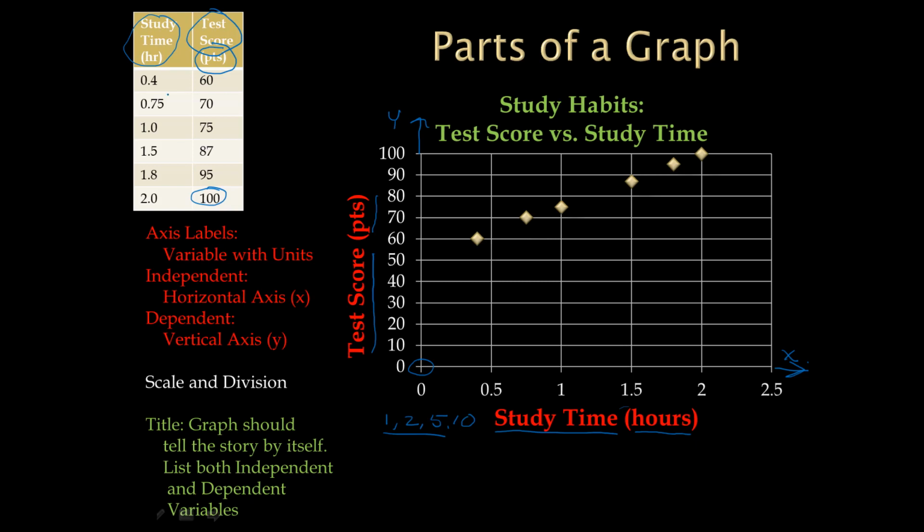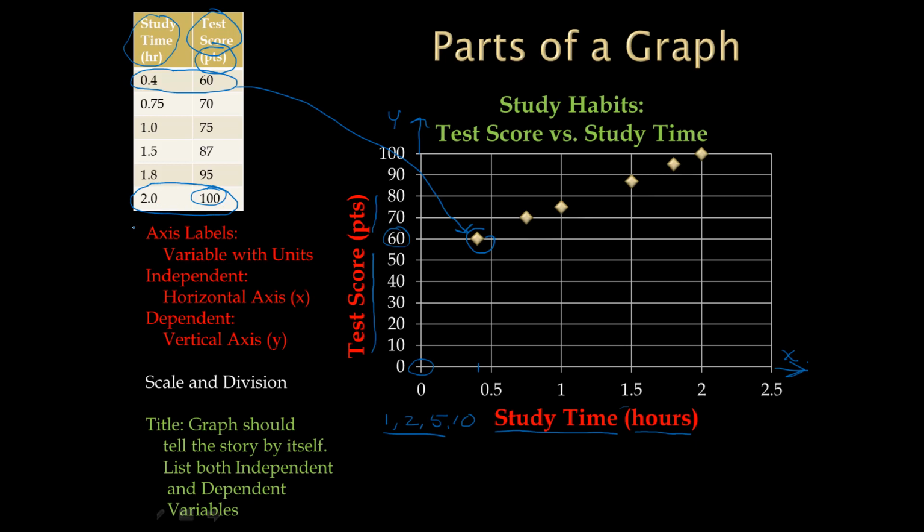Time to go ahead and put our data on here. Now, each of the pieces of data will be the independent and dependent variables plotted on the graph. That this goes to this point here. It's at 0.4 and 60. Each of these until we get to this final value. I'm going to skip the details.